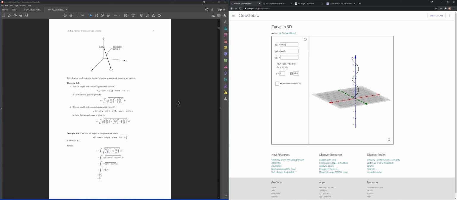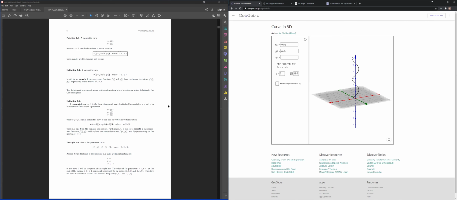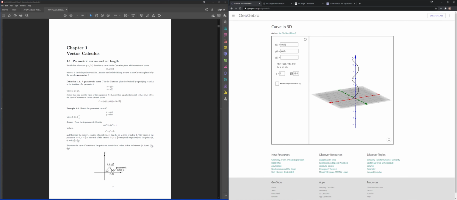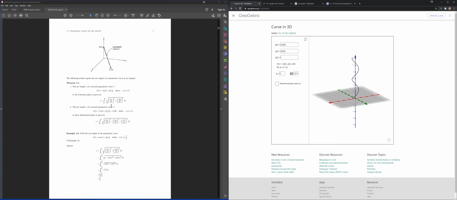For us, how you get the arc length depends on whether you have a curve in the plane or a curve in three-dimensional space. If it's a curve in the plane, you're going to be using this formula. You have your specification of your parametric curve, with an x component which is a function of t, a y component which is a function of t, going between t values a and b.